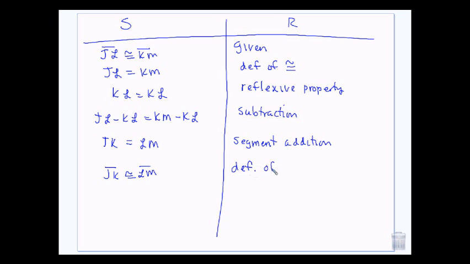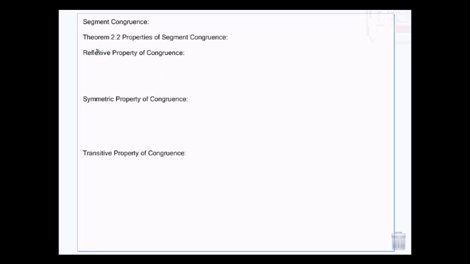Definition of congruent. We did these, I kind of went over them, but we talked about reflexive of equality. It's the same as congruence. So like if AB is congruent to itself, that's reflexive property. So you can take out the equal sign and put in a congruent symbol, and it's the same property, same thing. So symmetric is if AB is congruent to CD, I can flip congruence as well as flip around an equal.